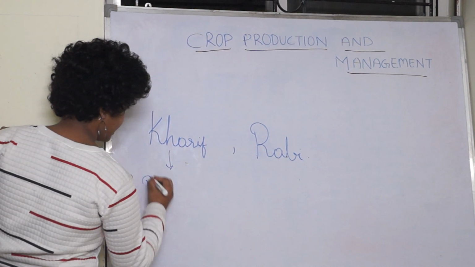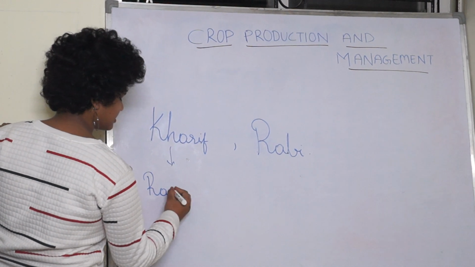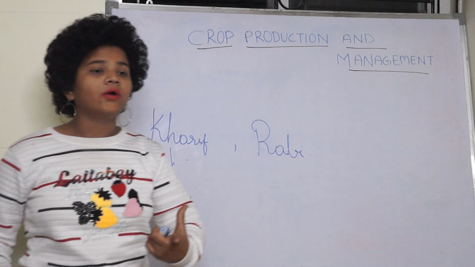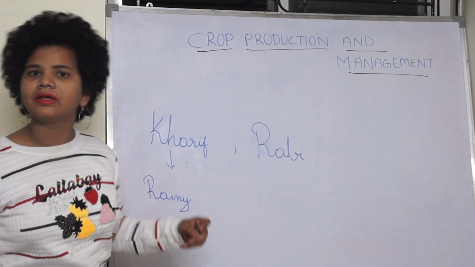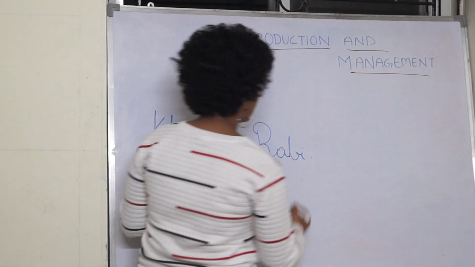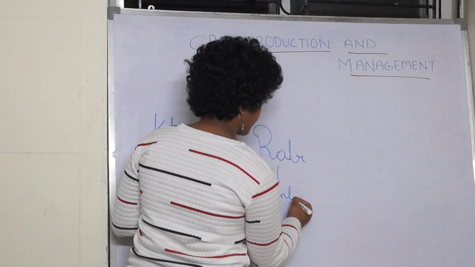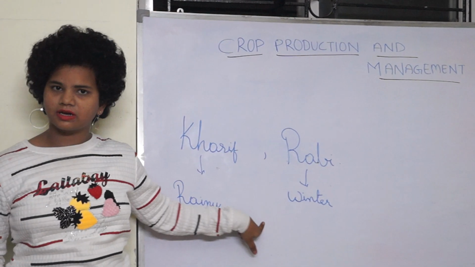Rainy season, and the crops which are grown in winter season, or else the crops which are cultivated in winter season, are called rabi crops.